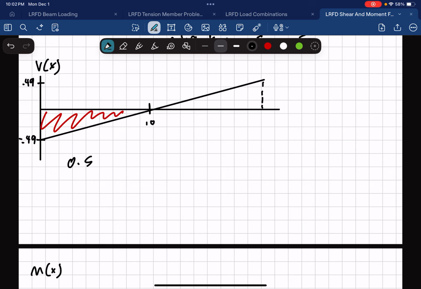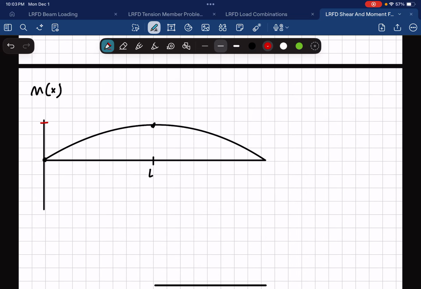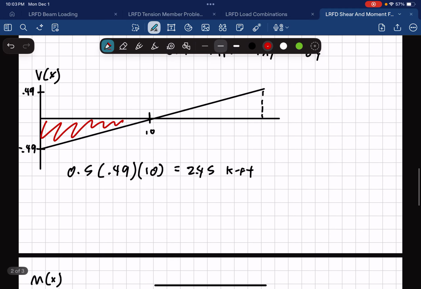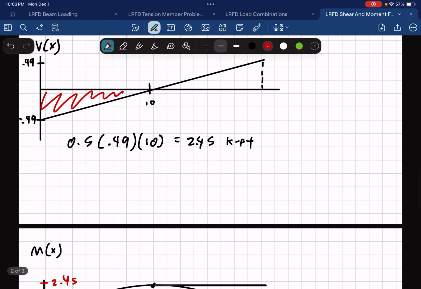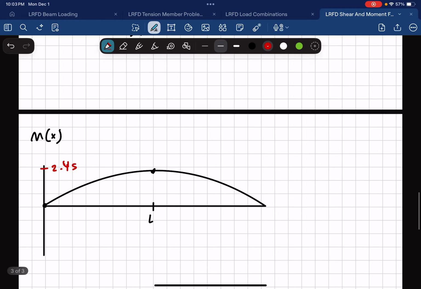So 0.5 times 0.49 times 10 comes out to be 2.45 kip feet. We can take that and we now know that this point here is going to be 2.45 kip feet. And then we know the shape of the graph just based off of what would happen if we integrate a linear function. That's what will happen.